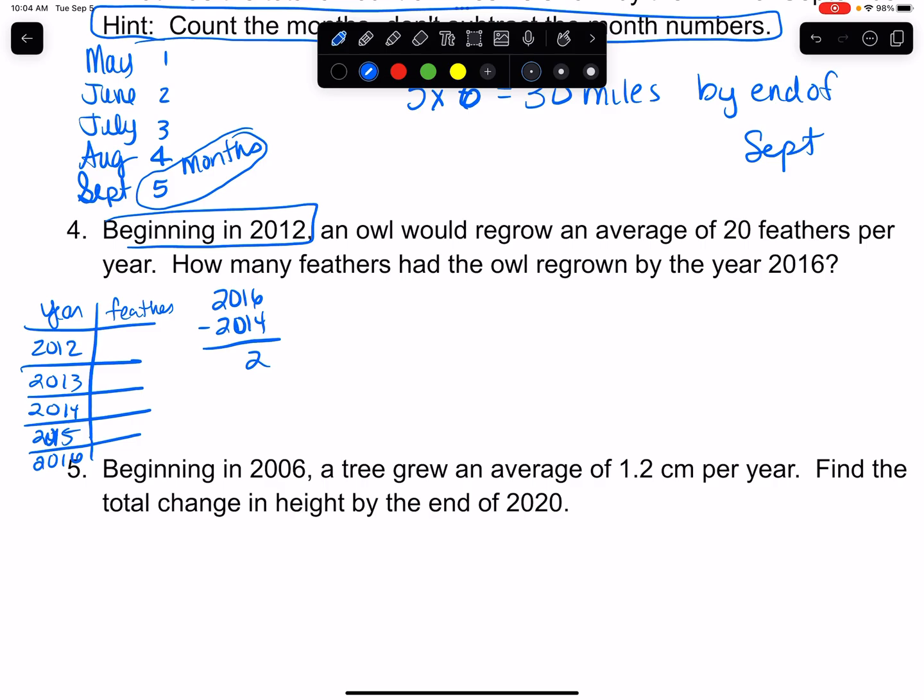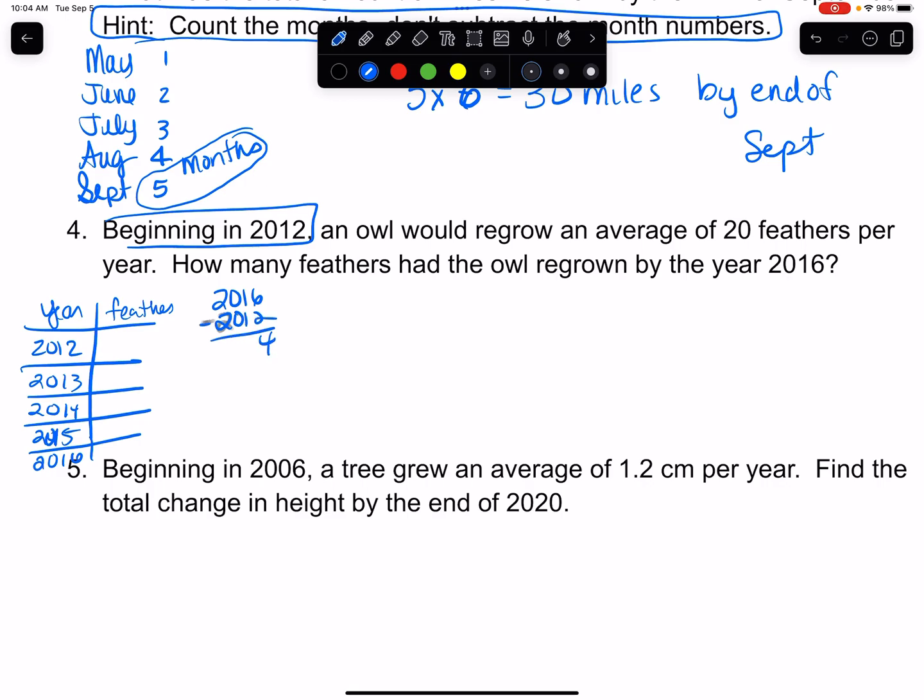Oh, this should have been something different. Ignore this. This should have been 2016 minus 2012. I love it when my pen doesn't like me. 2016 minus 2012, and you get 4.